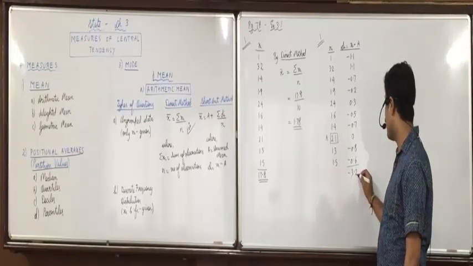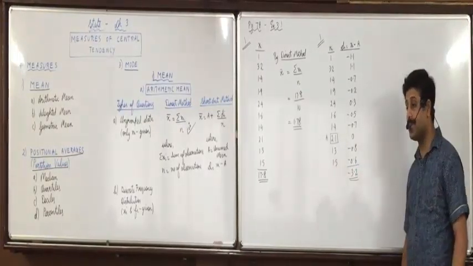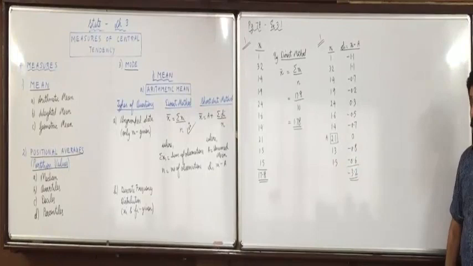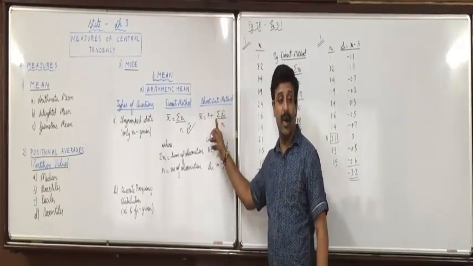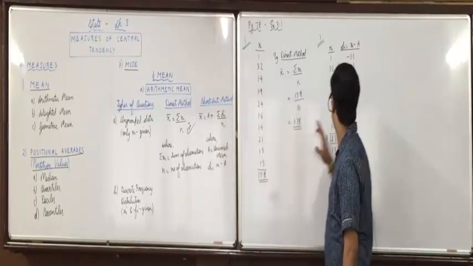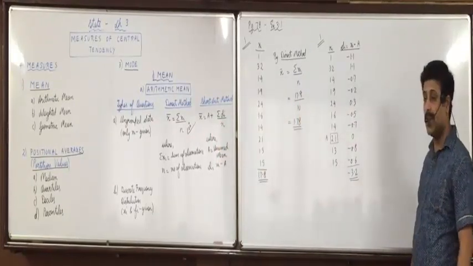Do you all get this? That is the sigma di that we need. In the formula we need sigma di, which is coming to minus 3.2.